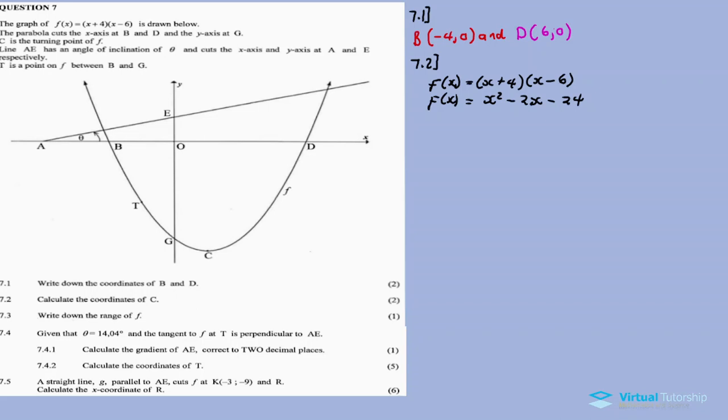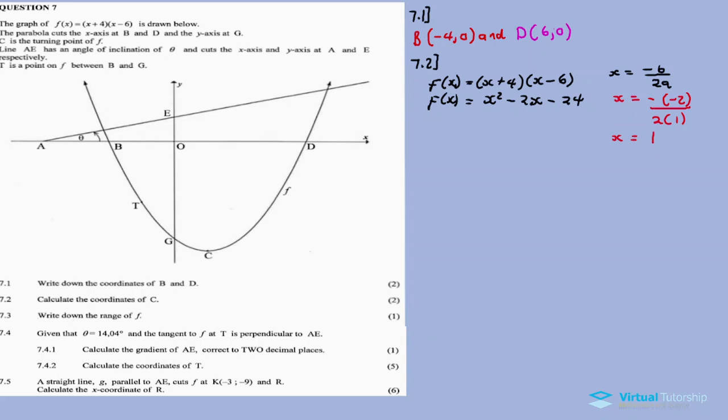But we will do it the old style, the grade 11 style, where x is equal to minus b over 2a. After substitution, x equals minus (minus 2) over 2 times 1, where x is equal to 1.